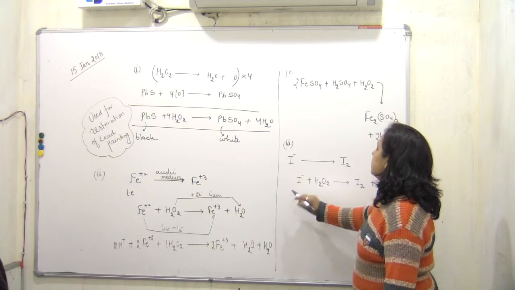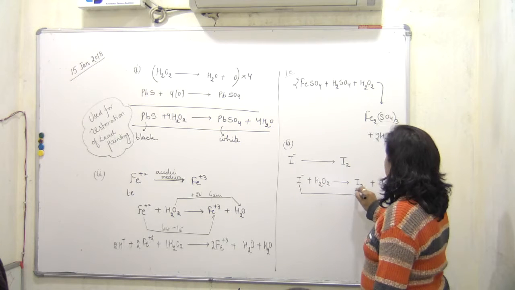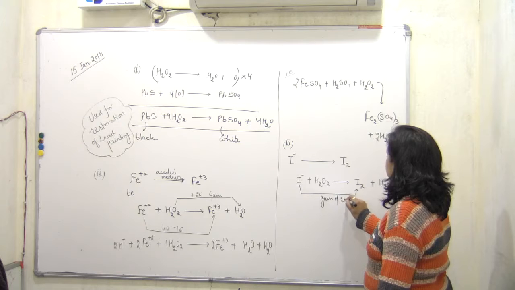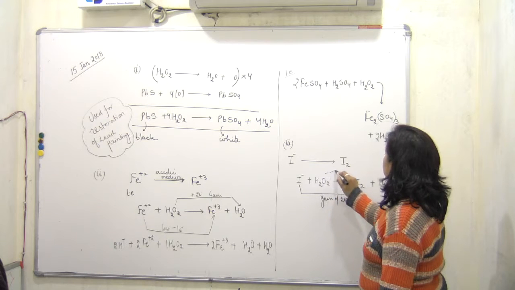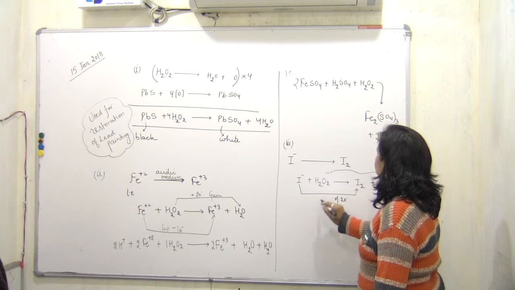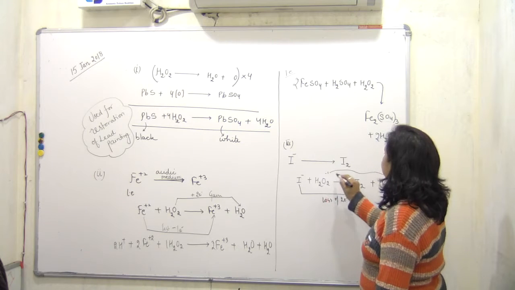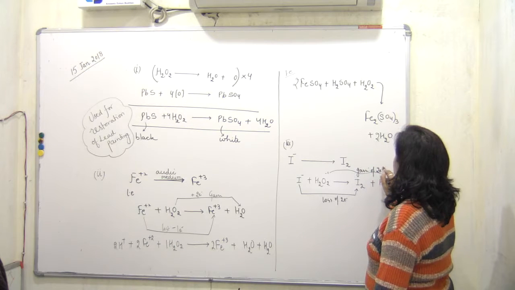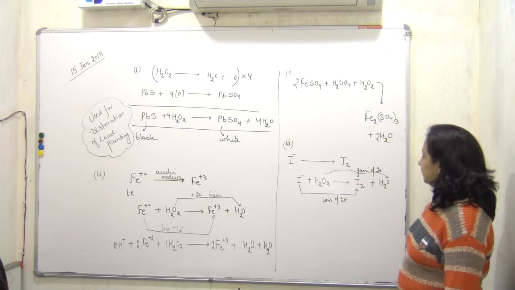Again we can balance this reaction. So there is loss of 2 electrons by iodide and gain of 2 electrons by hydrogen peroxide.